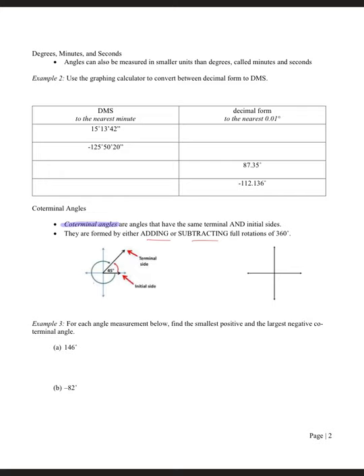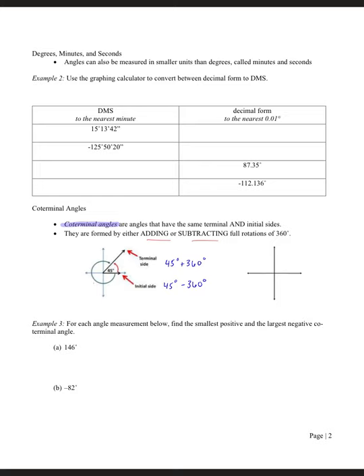So for example, if we know this angle that we can see here is 45 degrees, if we wanted to find the coterminal angles, we would take 45 degrees plus 360 degrees, and then also take 45 degrees minus 360 degrees.